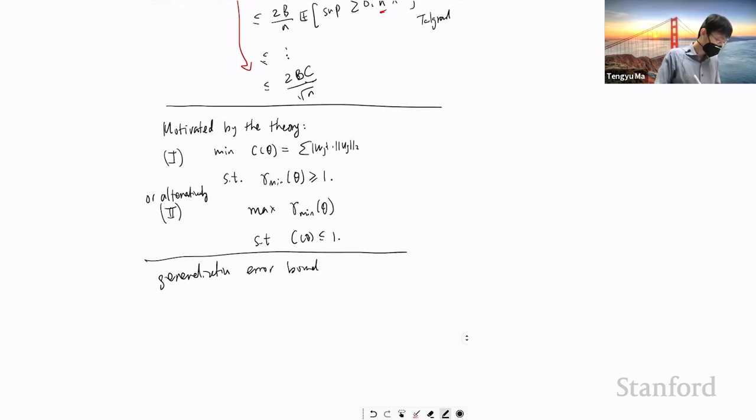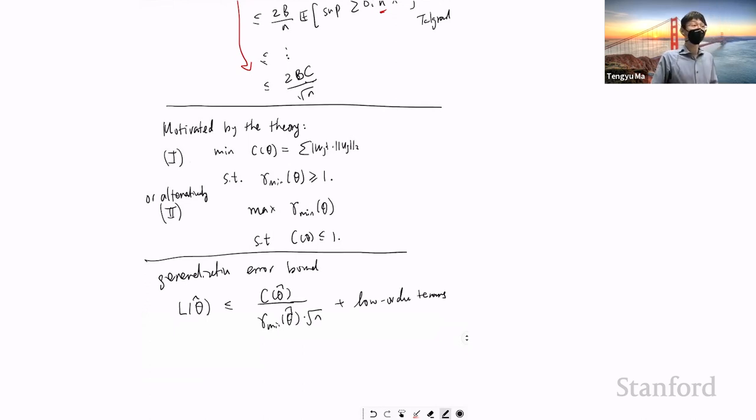will be something like, the generalization error L theta will be less than L theta hat will be less than C theta hat over gamma min theta hat over square root n, plus low order terms.